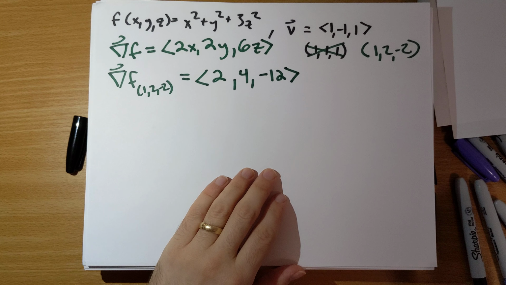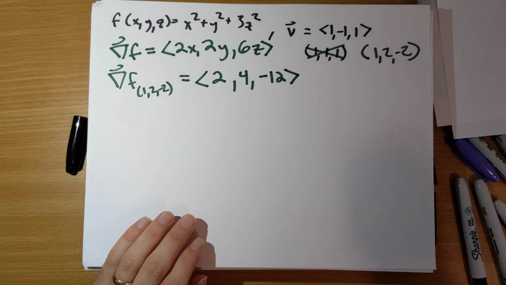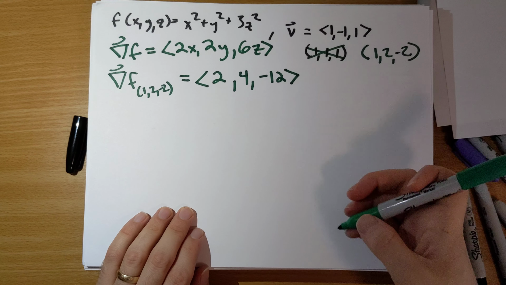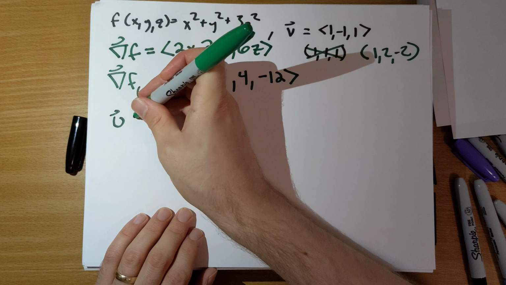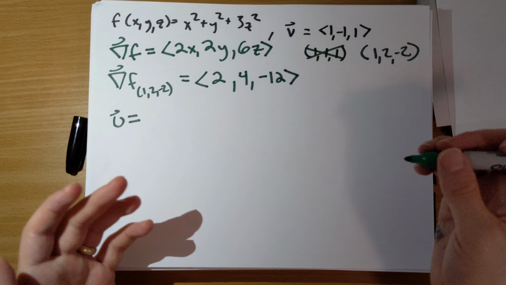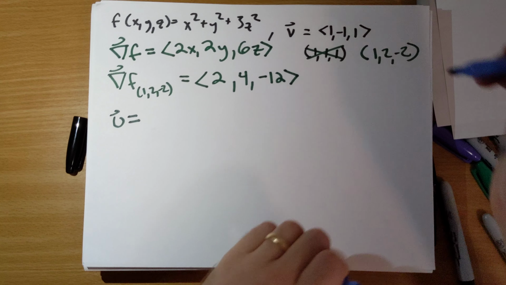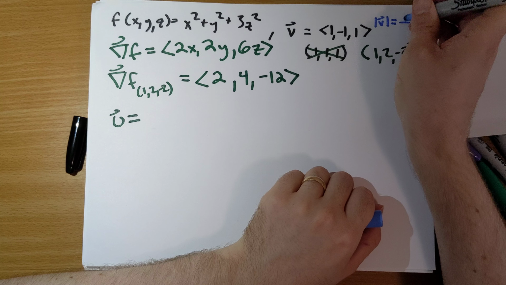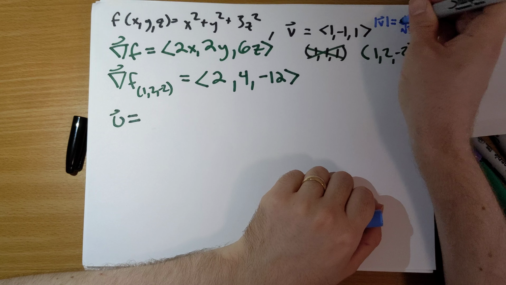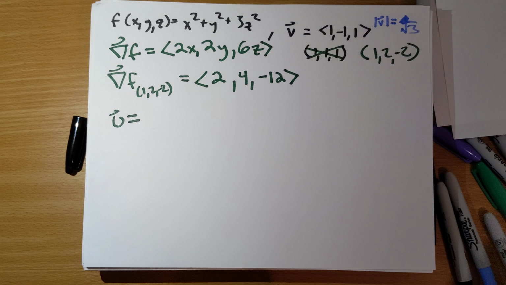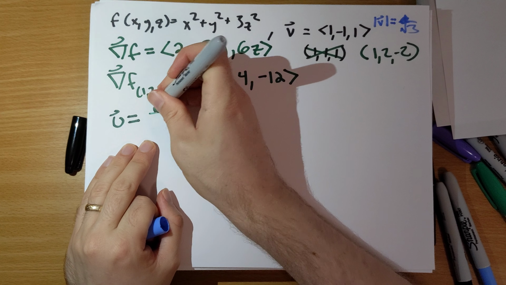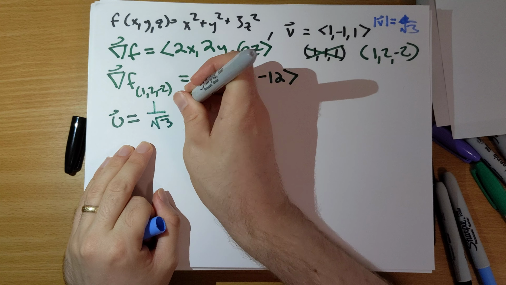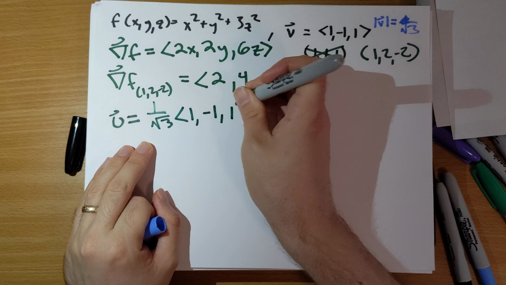The next thing that we have going on here is the direction of v, which is 1, negative 1, 1. So u needs to be a unit vector here. Realize that the magnitude of v is square root 3. Check that for yourself. So u is 1 over square root 3 times 1, negative 1, 1.